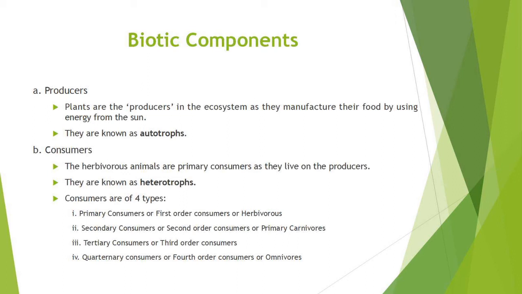They are known as autotrophs. Green plants have chlorophyll with the help of which they trap energy and change it into chemical energy of carbohydrates using simple inorganic compounds such as water and carbon dioxide. This process is known as photosynthesis.